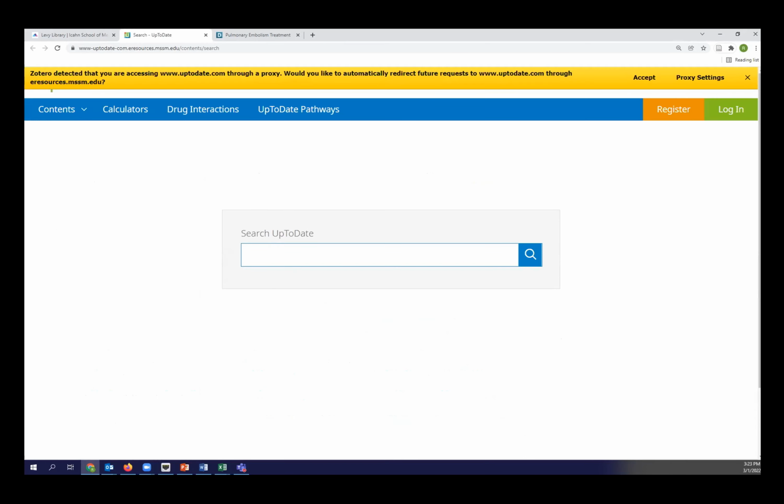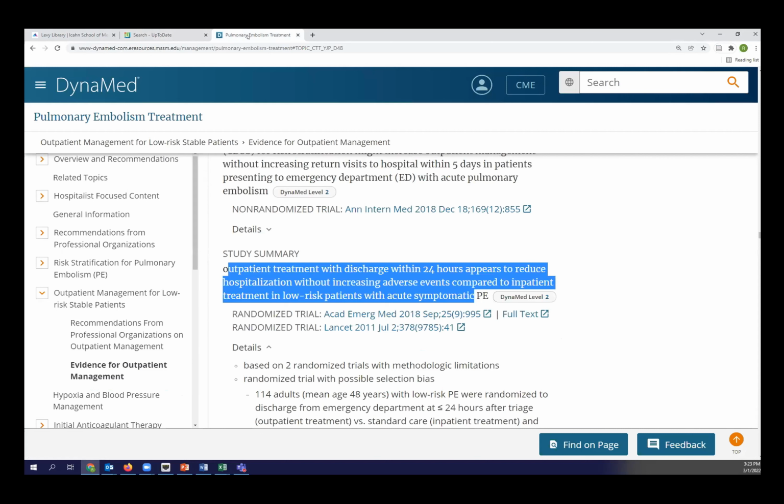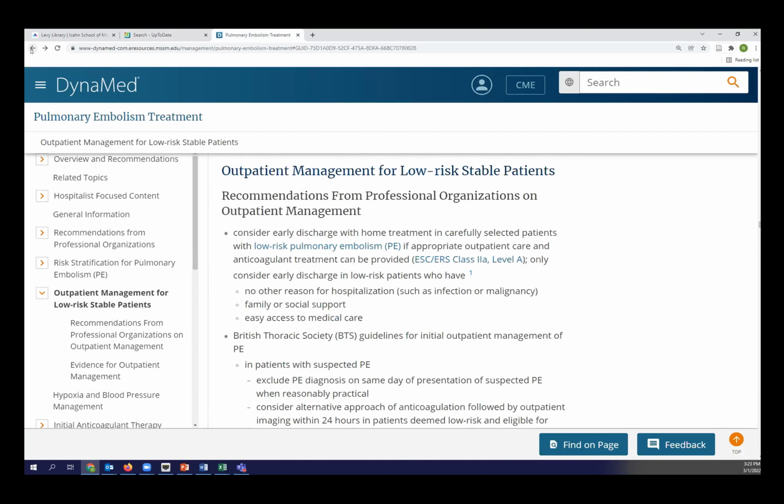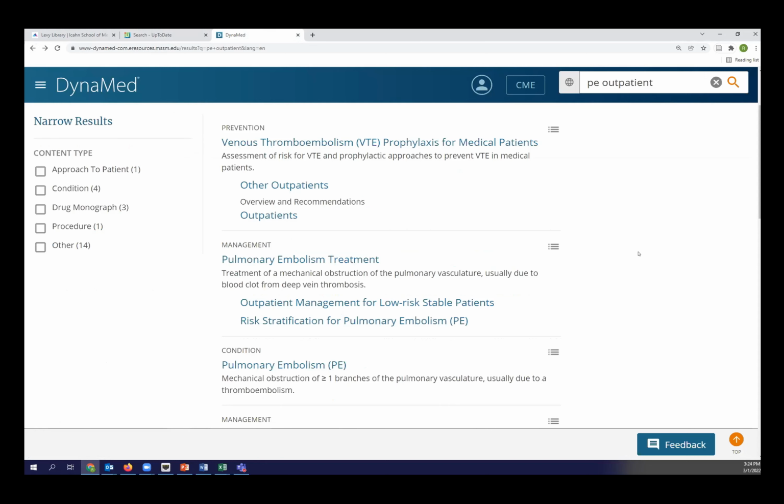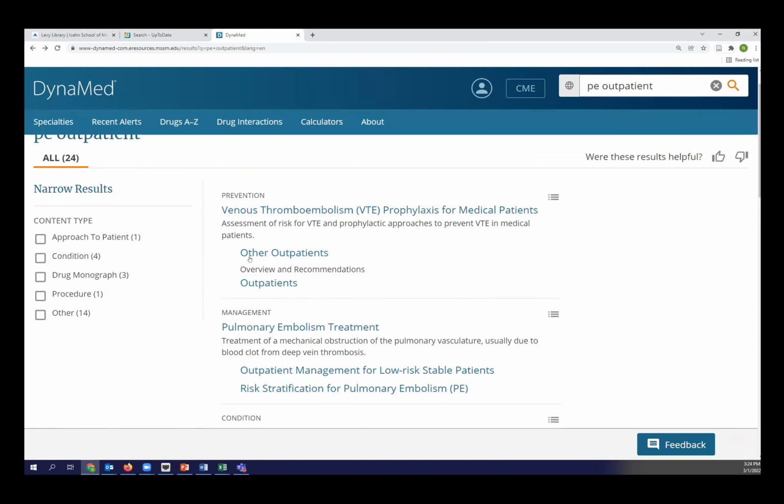I see a question in the chat, and it's: is every search result in Dynamed an individual article? So the answer there is no, but they are grouped. So let me go back to the search results page. These sort of sublinks are subsections of this one prevention related article on VTE prophylaxis.